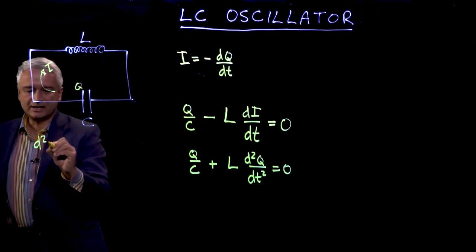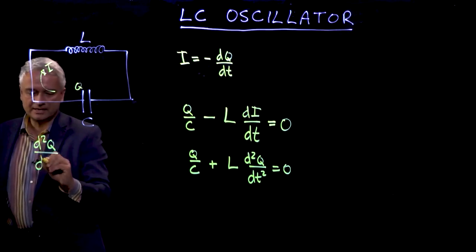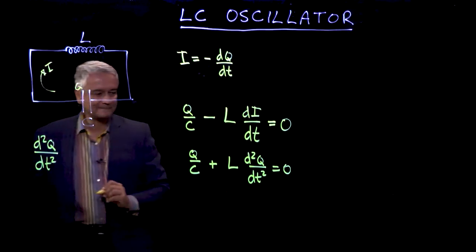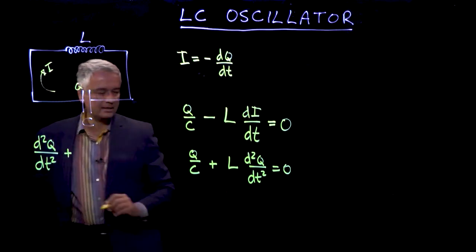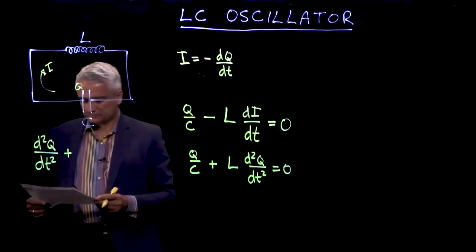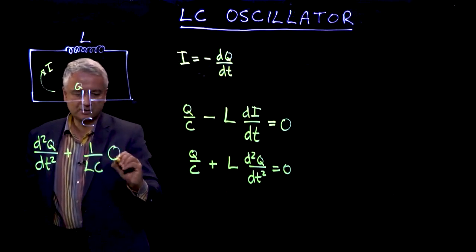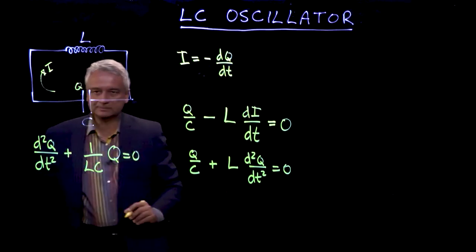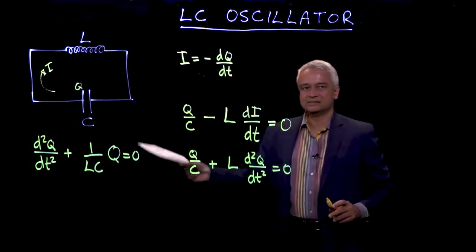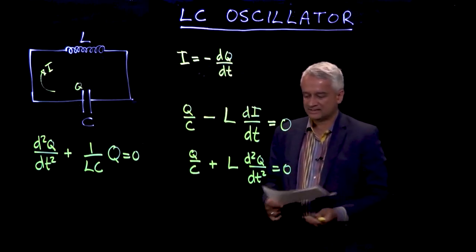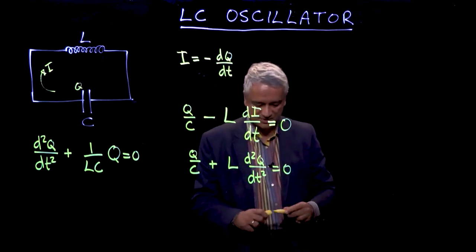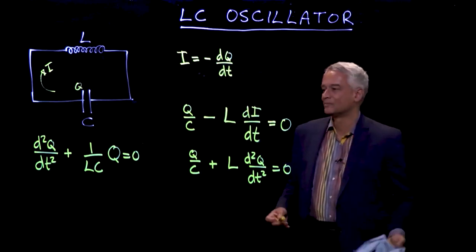I'm going to write it as d squared Q by dt squared plus 1 over LC times Q is equal to 0. And that is an oscillator equation. Same equation as when you describe a mass on a spring.